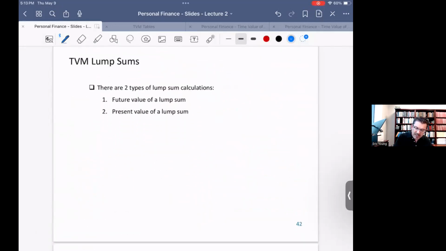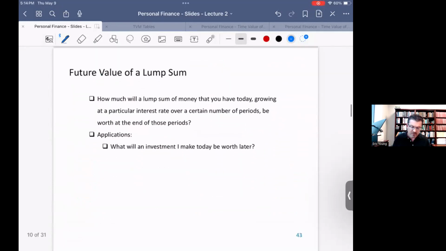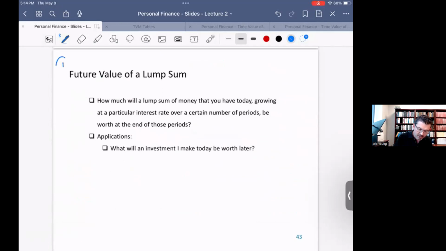All right, with that said, now let's get into it and let's do some actual work and learn about our different calculations. We're going to start off with lump sums, and we're going to deal with 2 types: the future value of a lump sum and the present value of a lump sum. So let's start talking about number 1, the future value of a lump sum.